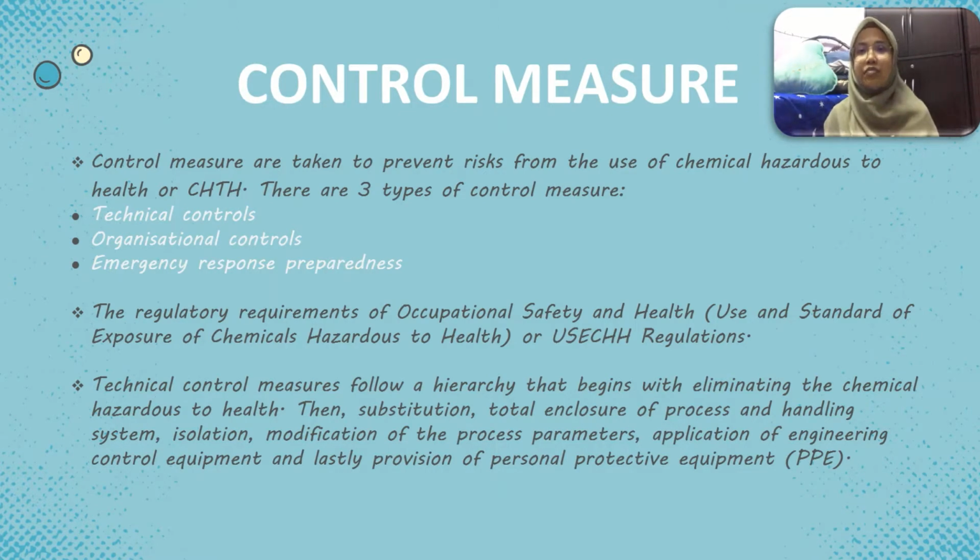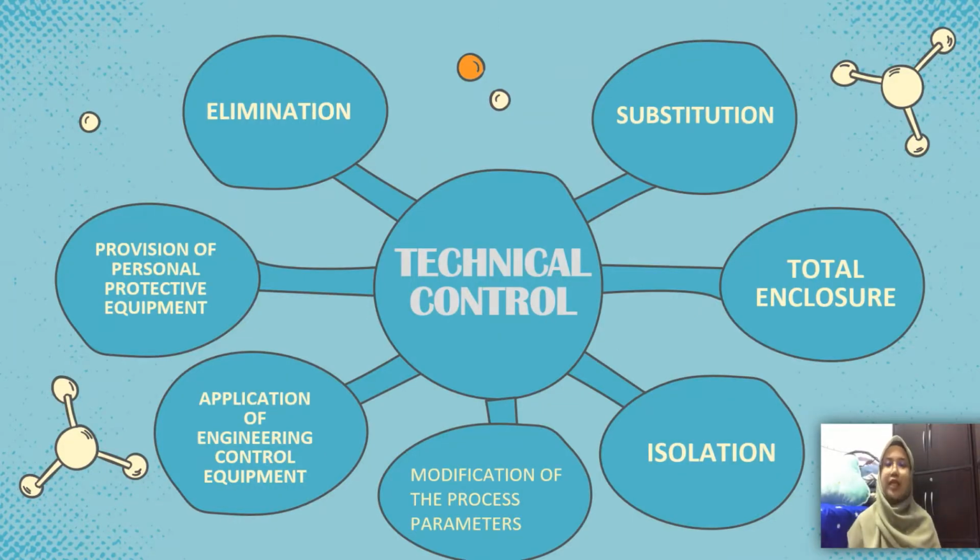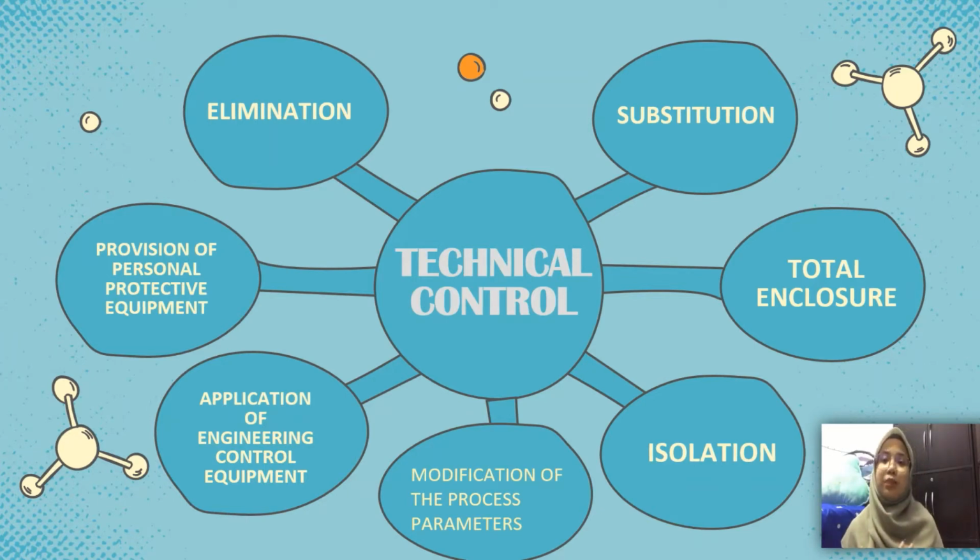And lastly, provision of personal protective equipment. Okay, this is the overview of what I'm going to talk about for technical control. First, we go with the elimination, substitution, total enclosure, isolation, modification of the process parameters, application of engineering control equipment, and lastly, provision of personal protective equipment, or PPE.